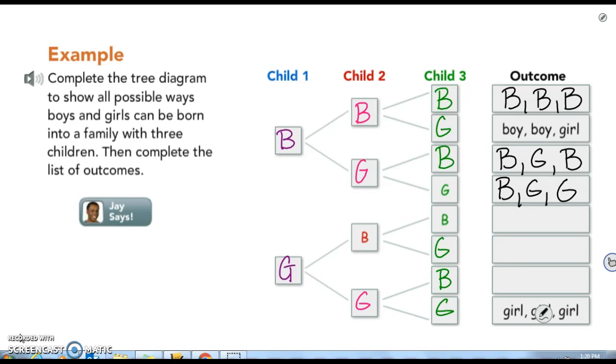At the bottom, with the girl being the first child, we could have girl, boy, boy. We could have girl, boy, girl. We could have girl, girl, boy, or we could have 3 girls. As you can see, there are 8 possible outcomes for this situation.